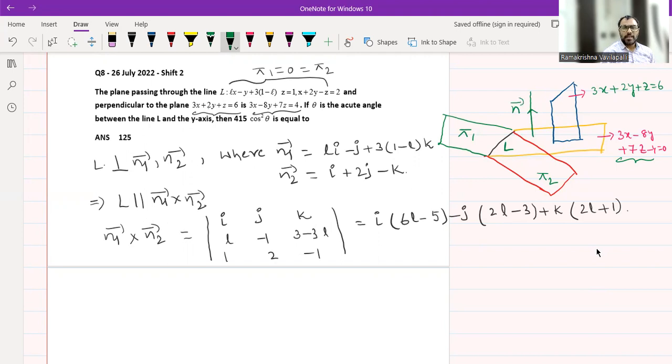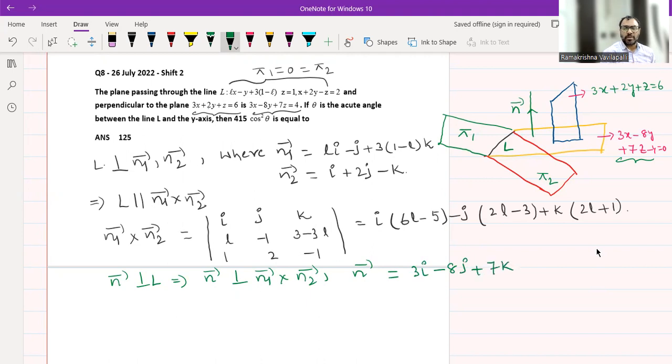Now N bar is perpendicular to L. This implies N bar is perpendicular to N1 bar cross N2 bar, where N bar is the normal to the plane 3x minus 8y plus 7z, so 3i minus 8j plus 7k.